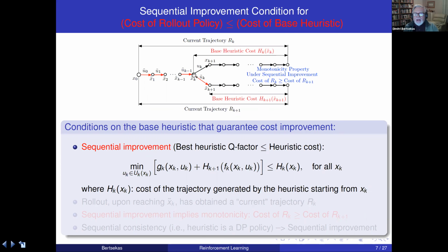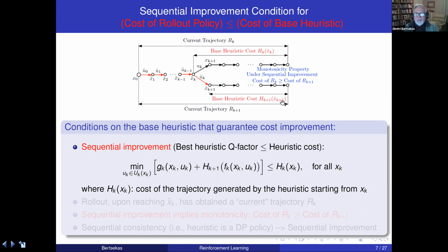And now we are at xk, we look at all possible controls. And we find the one that gives us best minimal Q factor. And say this is the U tilde k. Then the Q factor of x tilde k uk is the cost, this first transition cost, plus the cost of the heuristic from x tilde k plus 1.